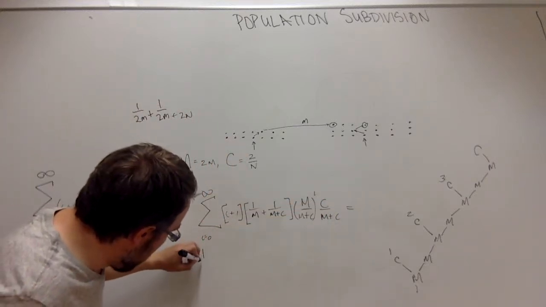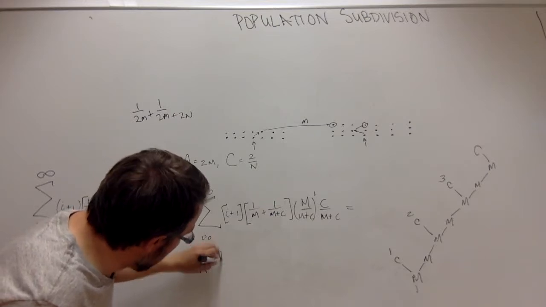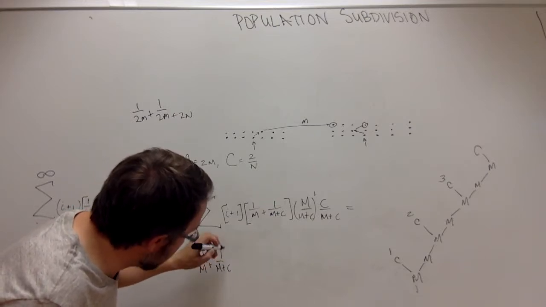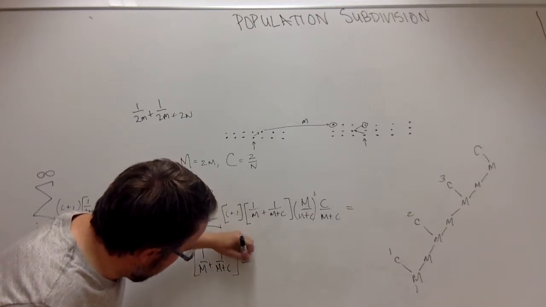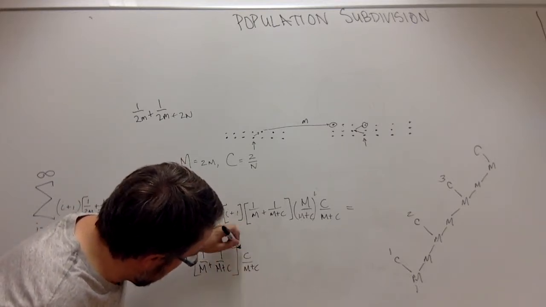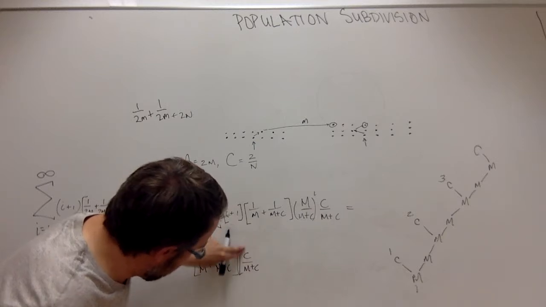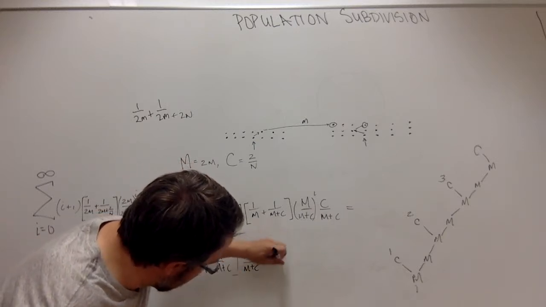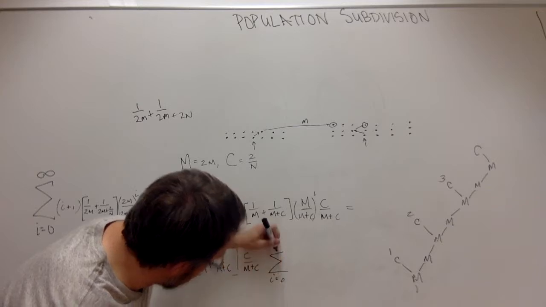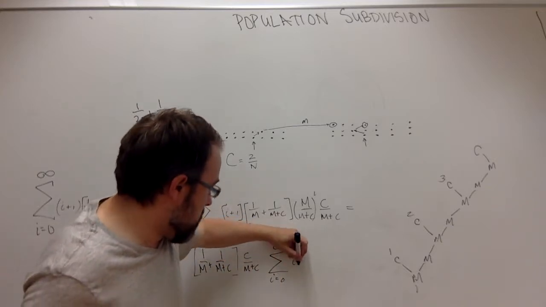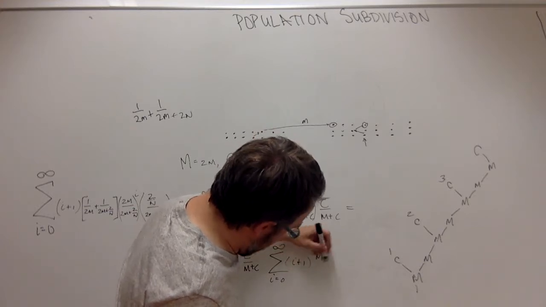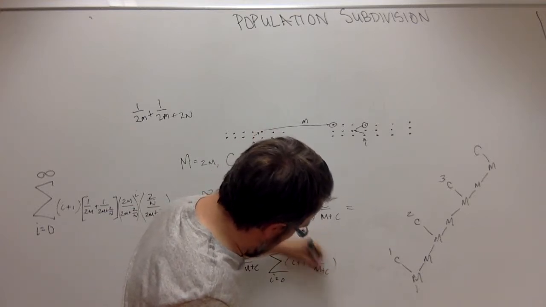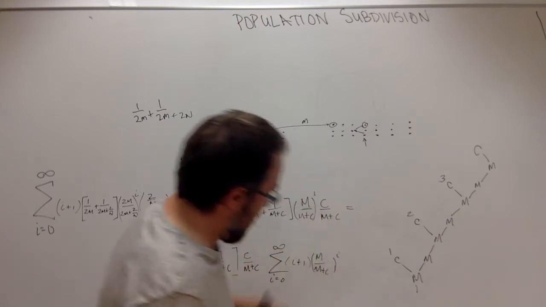So we're going to take this 1 over m plus 1 over m plus c out, and we're going to take this c over m plus c out. And now we've got a simpler summation, i equals 0 to infinity, (i plus 1) times (m over m plus c) to the i. Okay?